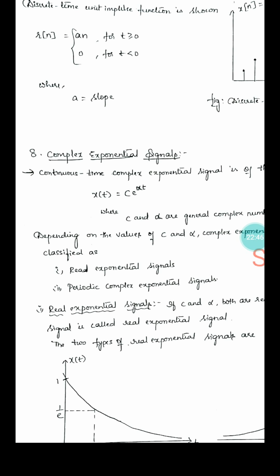One is the decreasing exponential function. Simply you can write x of t equal to e to the power of minus alpha t. If it is a decreasing exponential function, it can be treated as e to the power of minus alpha t. If it is a rising exponential, you have to draw it like this: x of t is equal to e to the power of alpha t. So nothing to worry, just concentrate on the diagrams and you can understand.